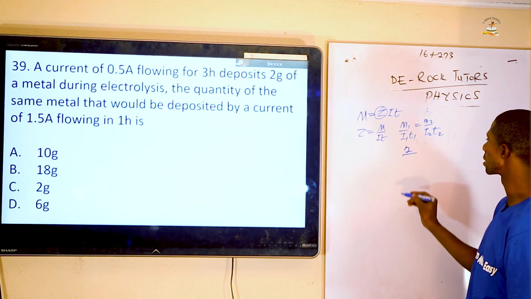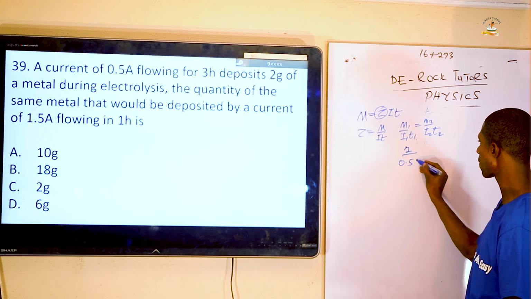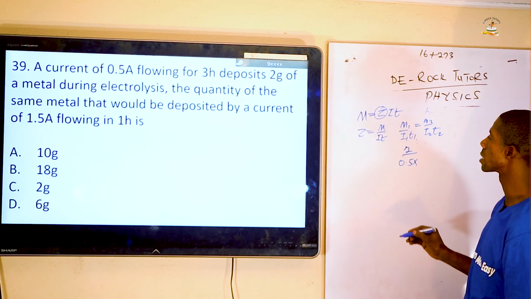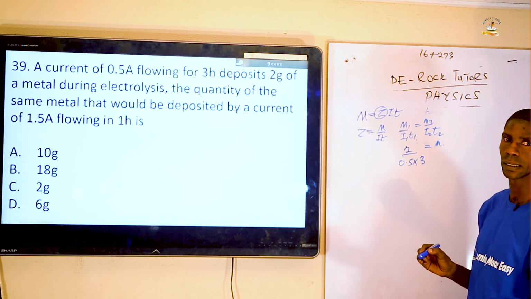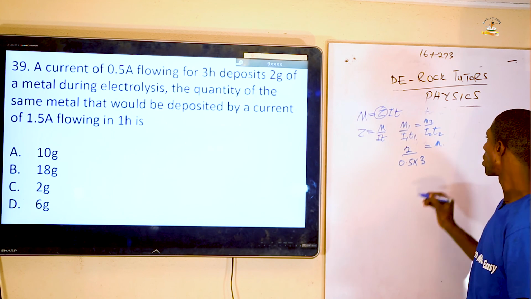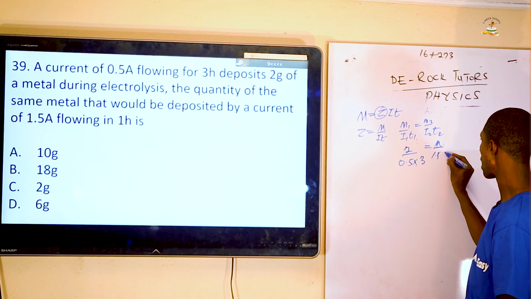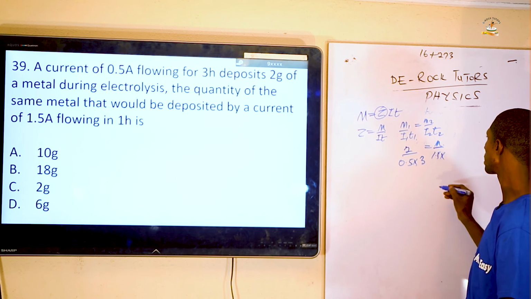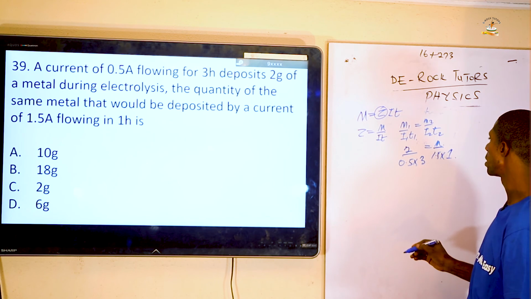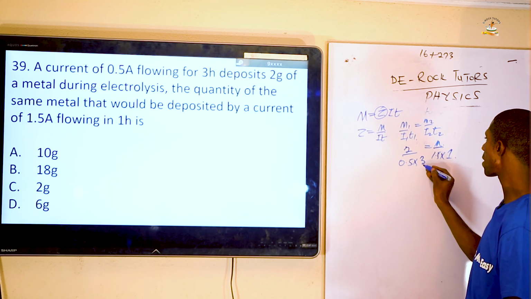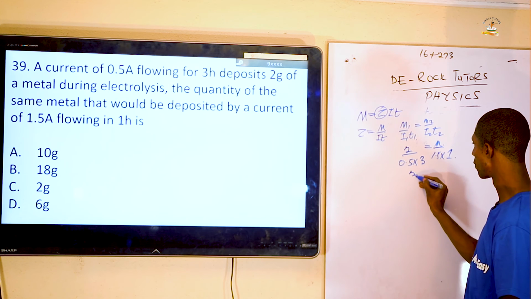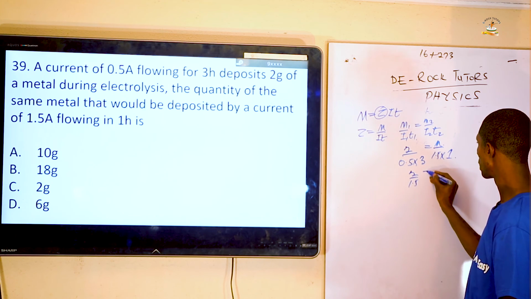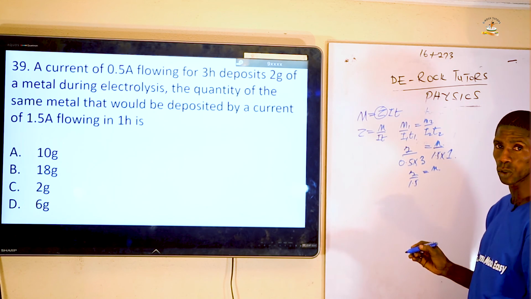With what we have here, the mass initially was 2 grams, the current flowing is 0.5, and the time is 3 hours. Then the mass that will be liberated, where we have the current of 1.5 and the time to be 1 hour, is unknown.